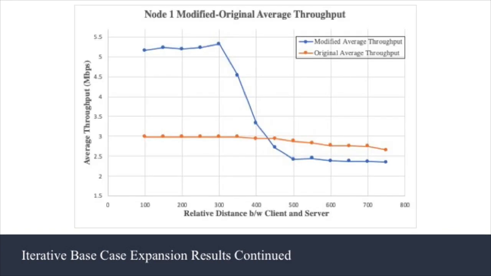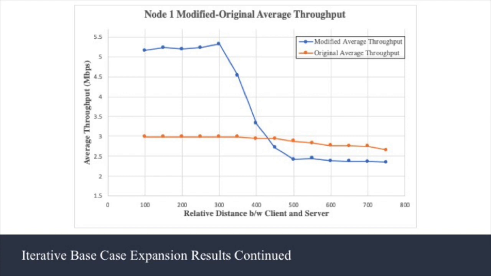And this brings us to a graph of the average throughput for our modified protocol implementation compared to the original protocol in terms of the relative distance between client and server. These values were averaged over the client-to-client distances, and it is a representation of the performance that we can expect at a given distance between client and server.